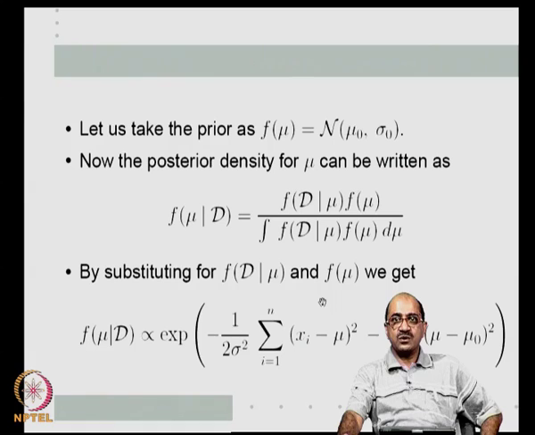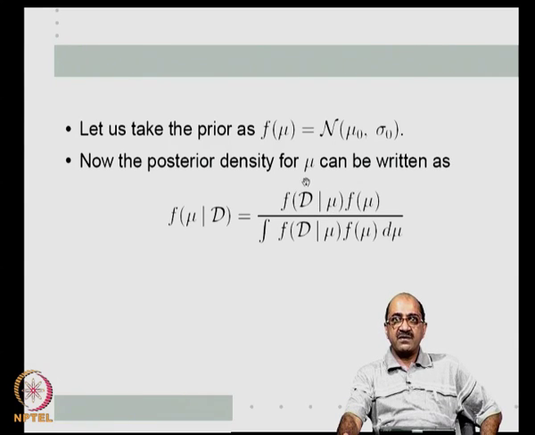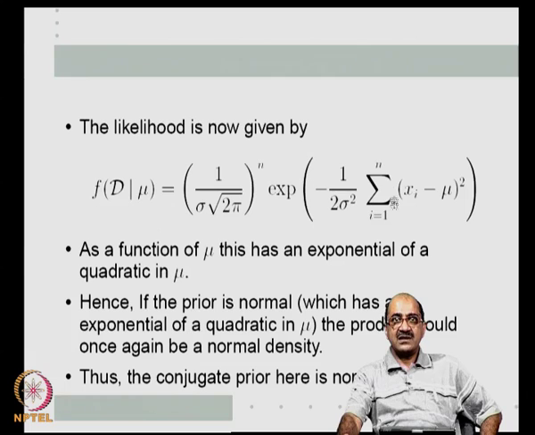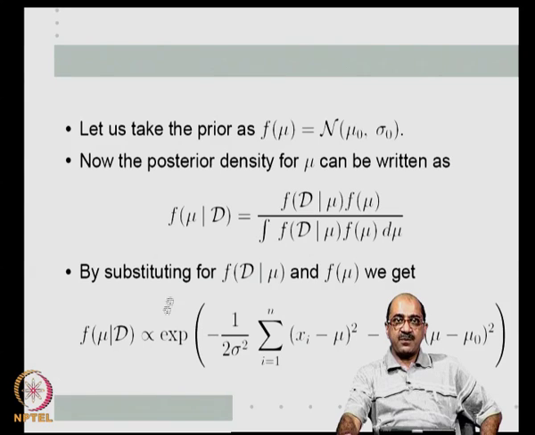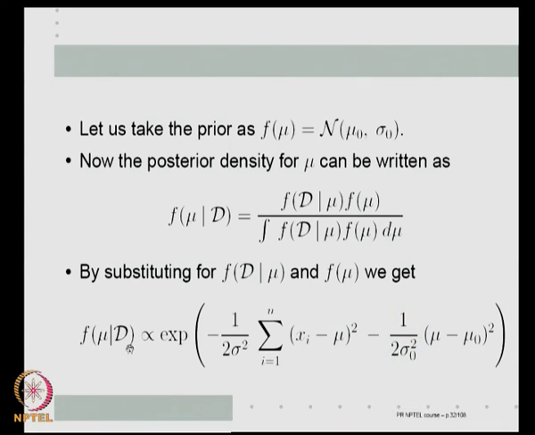I have to just substitute. If I substitute f of D given mu from the previous slide, I am skipping all the unnecessary constants, we only want the expression that depends on mu. So, that is why I put a proportionality sign, there is an unspecified constant.